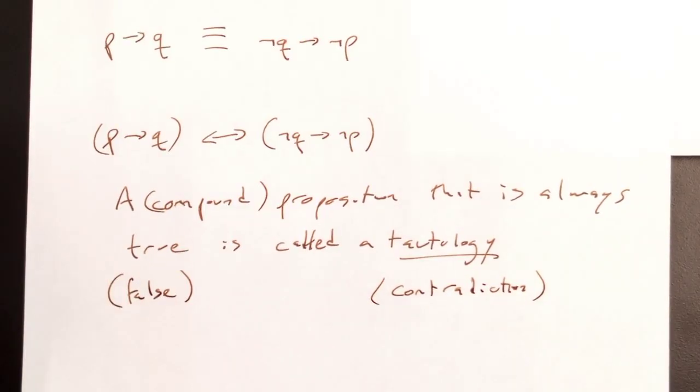I remember we talked about that one on Monday, because we were talking about it in terms of system specifications. So I will define two sentences to be logically equivalent if the if and only if is a tautology.